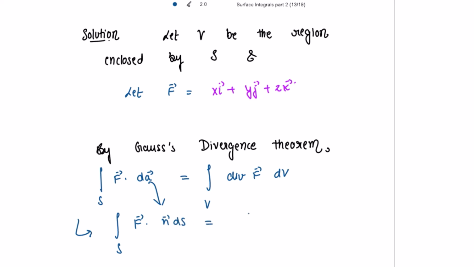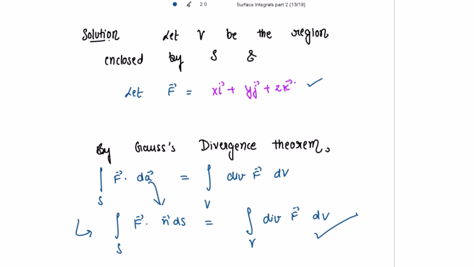So I'm going to use this result: the surface integral of F vector dot n vector ds equals the volume integral of divergence of F vector dV.